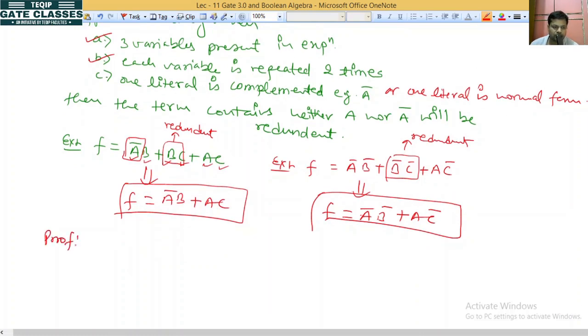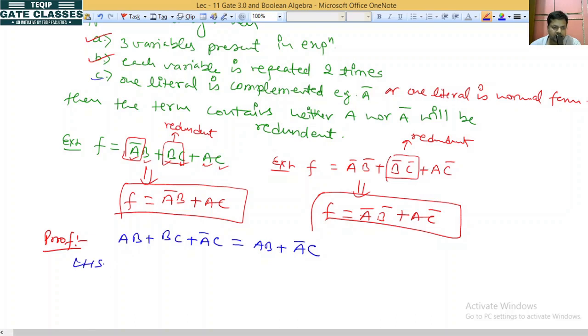Proof. I want to prove this one: AB plus BC plus A bar C is equal to AB plus A bar C. I want to prove this theorem. Okay na? Redundancy theorem.